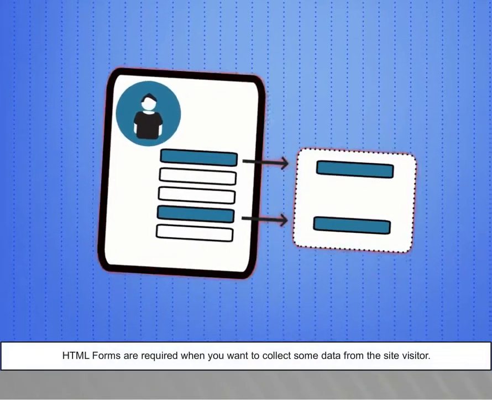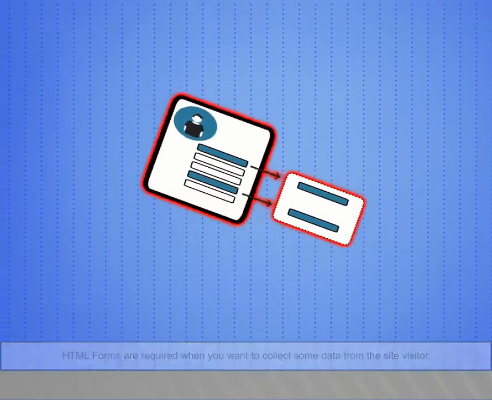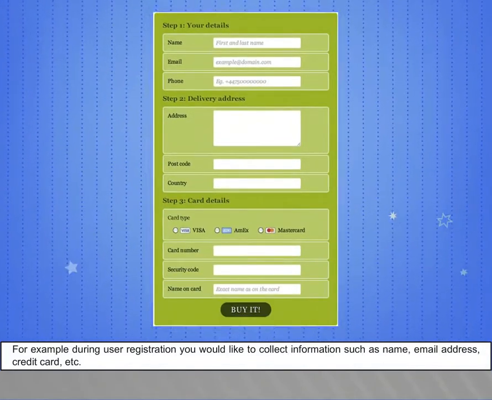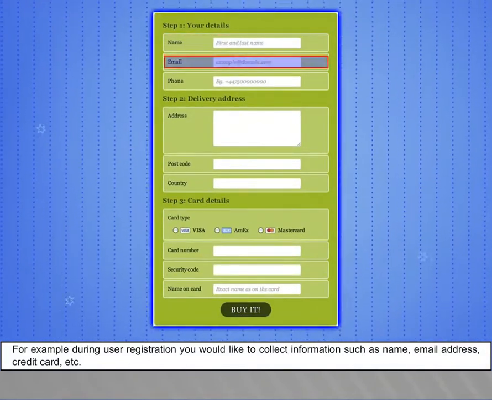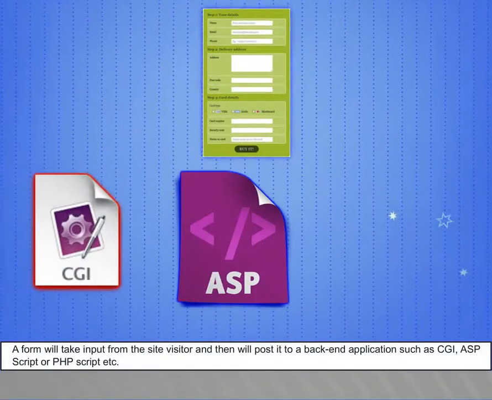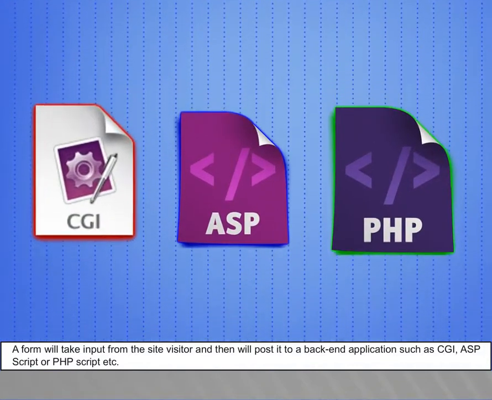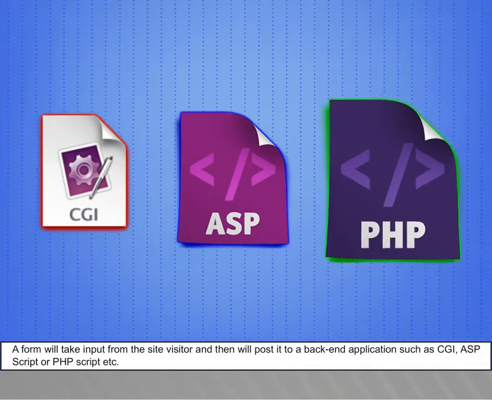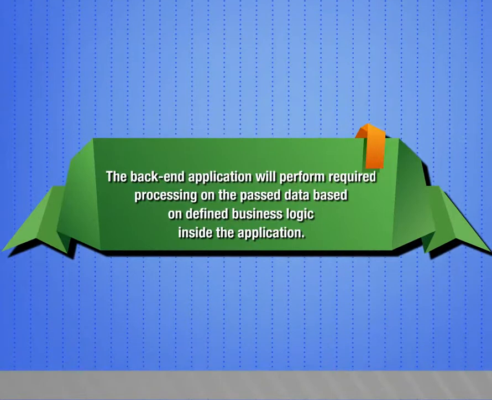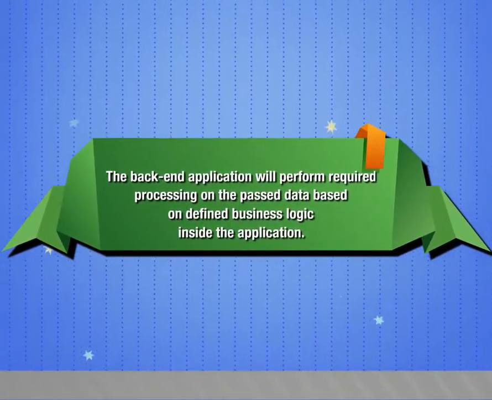HTML forms are required when you want to collect some data from the site visitor. For example, during user registration, you would like to collect information such as name, email address, credit card, etc. A form will take input from the site visitor and then will post it to a backend application such as a CGI, ASP script or PHP script, etc. The backend application will perform required processing on the passed data based on defined business logic inside the application.